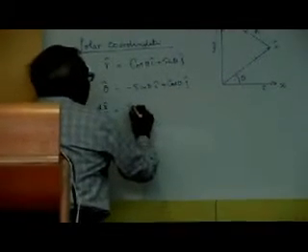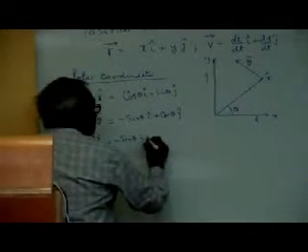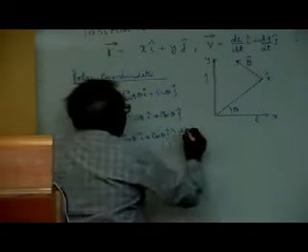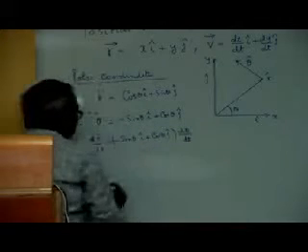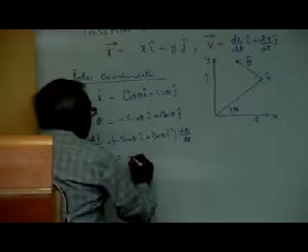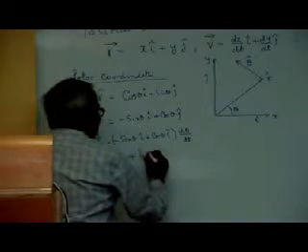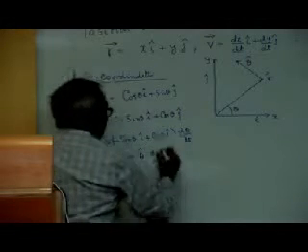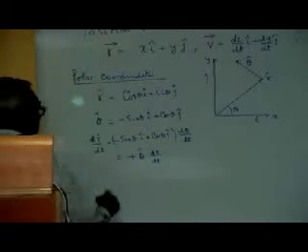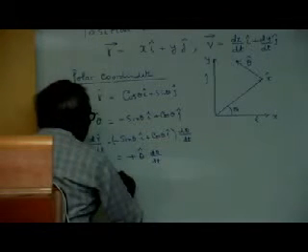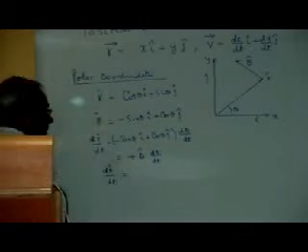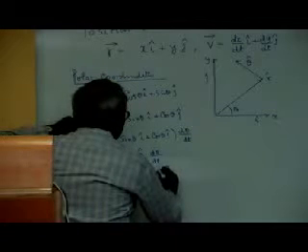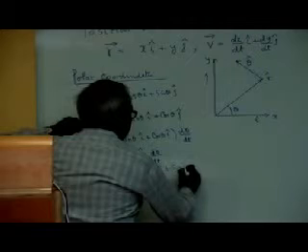That is nothing but minus sin theta i plus cos theta j, which is equal to theta dot times theta cap. Similarly, d theta cap dt, if I differentiate this, I get minus cos theta i minus sin theta j.